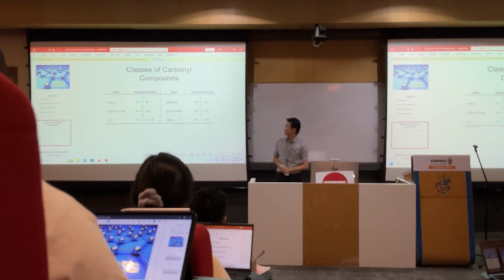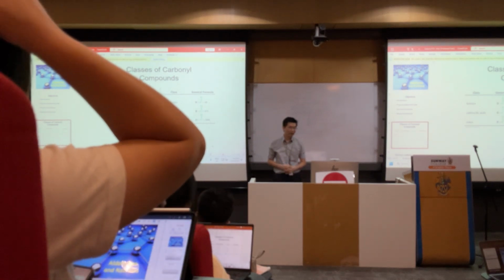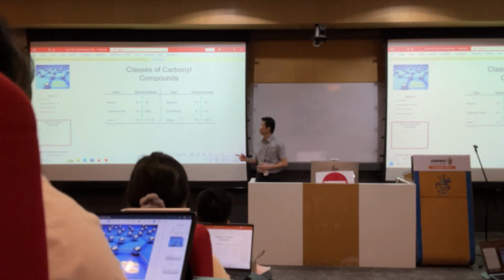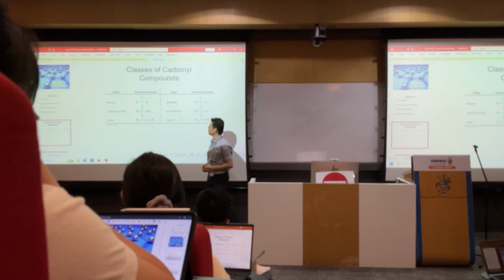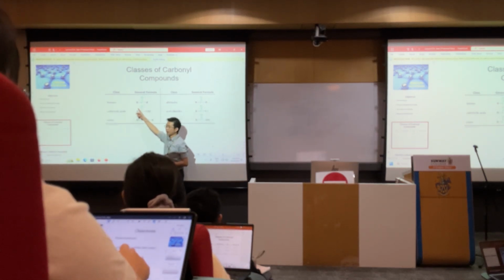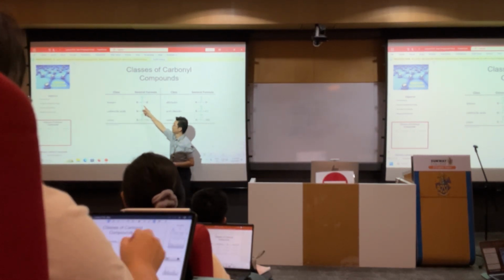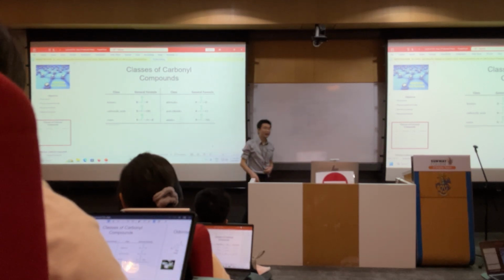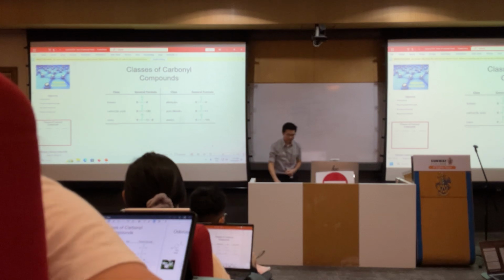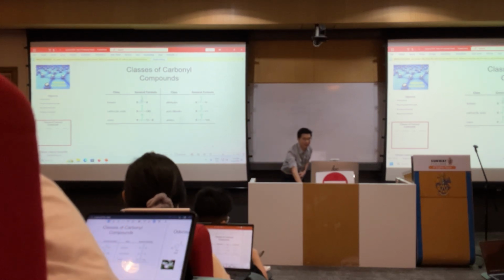Okay, so there are a few classes of carbonyl compounds, which is ketone. Okay, ketone, we have two alkyl groups attached to the carbon. By the way, carbonyl group means a carbon attached to oxygen.